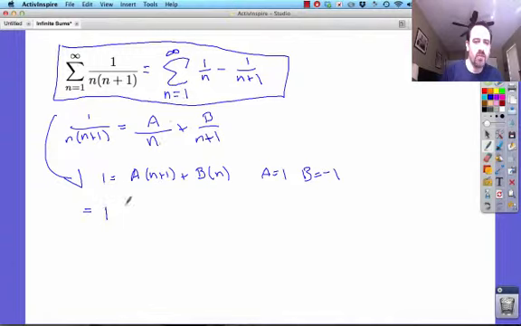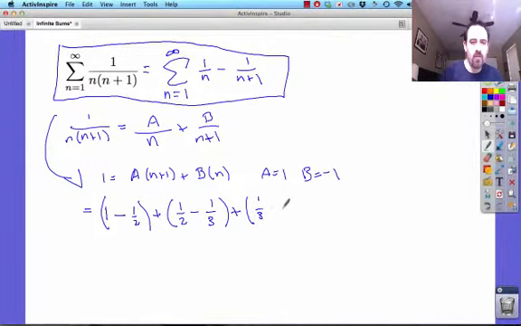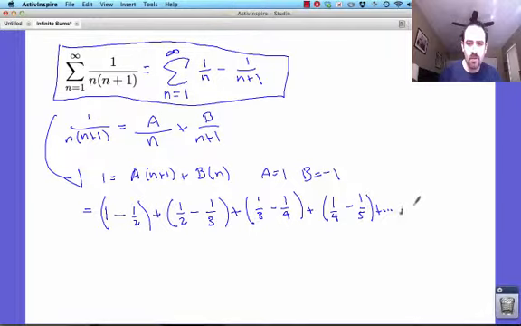If I plug in 1, the first term is going to be 1 minus a half, plus the second term, if I put in a 2, a half minus a third, plus the third term, a third minus a fourth, plus a fourth minus a fifth, plus, if we go all the way up, we'll just do 1 over k minus 1 over k plus 1.